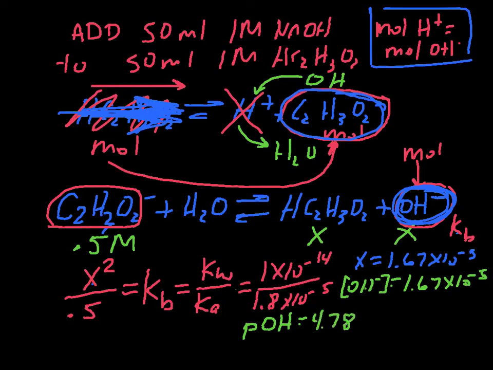4.78. Since pH plus pOH equals 14, I subtract the 4.78 from 14, I end up with a final pH equal to 9.22.